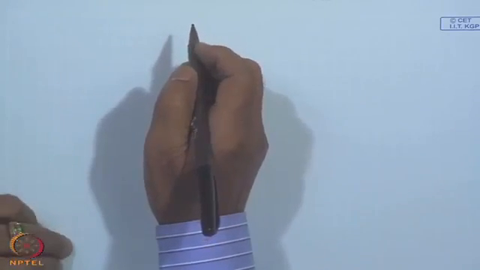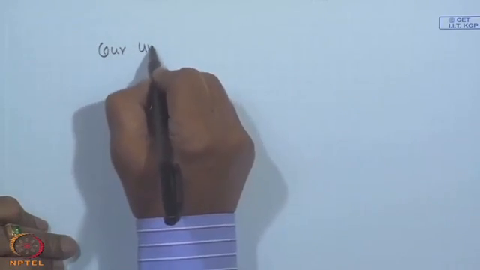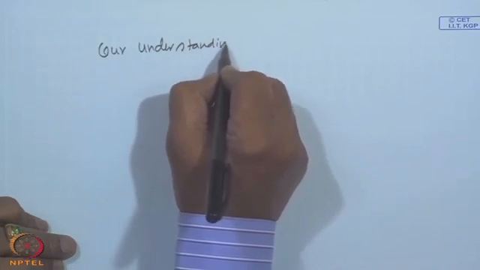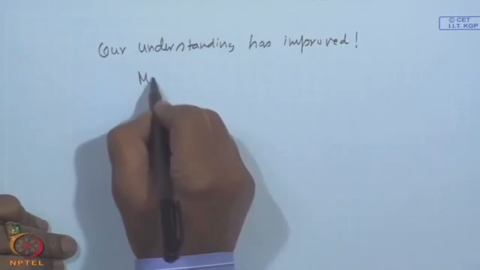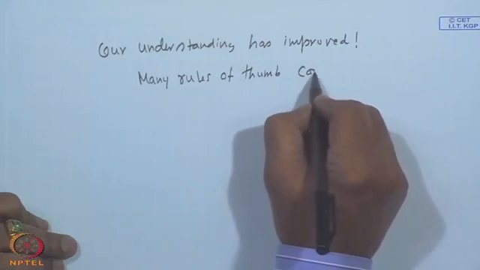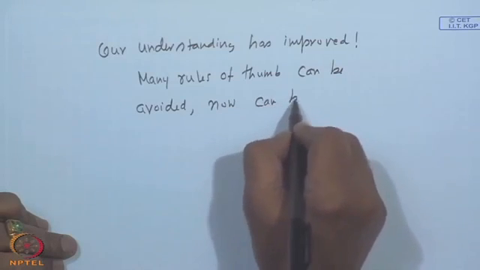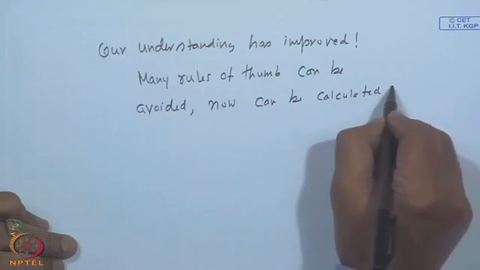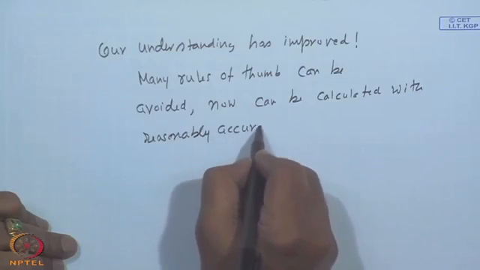Now, one of the things that people will ask regarding solar energy technology, apart from the lot of progress that has been made and the demonstration as well as commercial systems that are installed, is that our understanding has improved, and many rules of thumb can be avoided now, and can be calculated with reasonably accurate formulae.